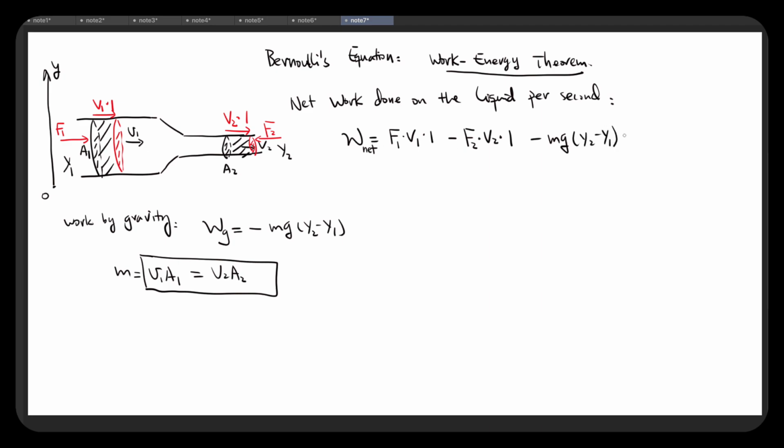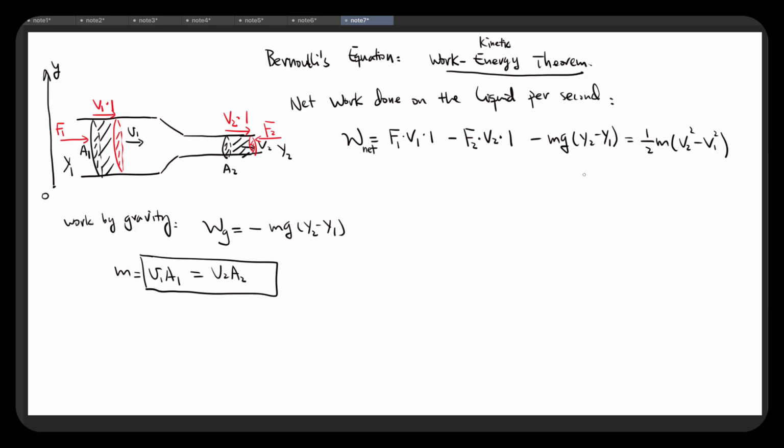Now, according to the work and kinetic energy theorem, this equals the change of the kinetic energy. So we're going to have 1/2 m (v2 squared minus v1 squared) to represent the change of the kinetic energy of the system.